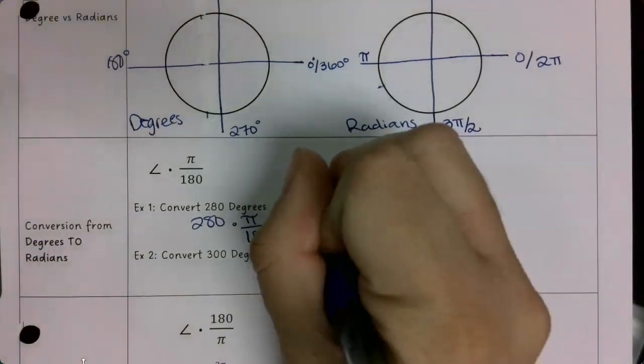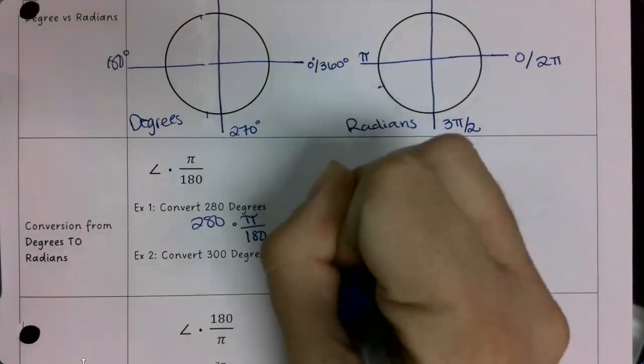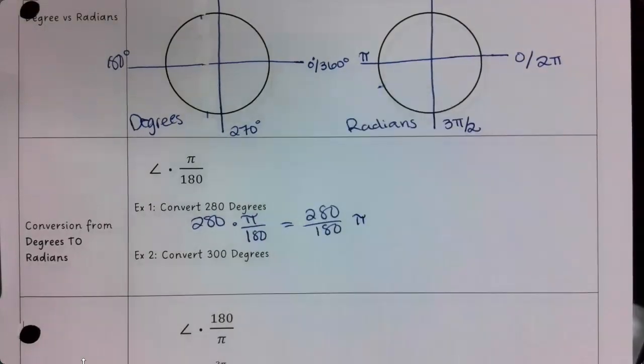I can rewrite this as 280 over 180, and then the pi off to the side. This will be helpful, because when I go to type this in the calculator, I can just type in the number without the pi.